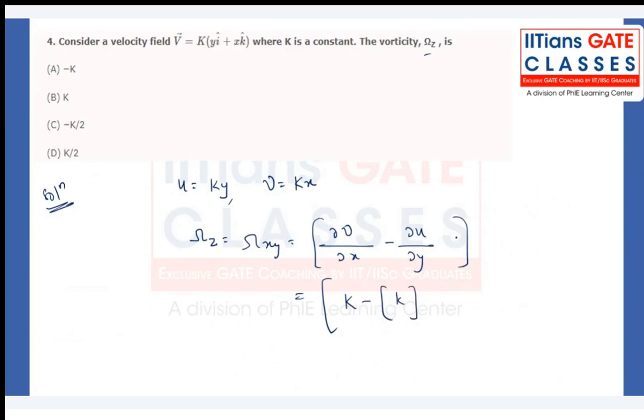Sorry, this is not v. The field is given as u i cap plus v j cap plus omega k cap, so omega they have given as kx. So dou omega by dou x is 0, and minus k is correct.